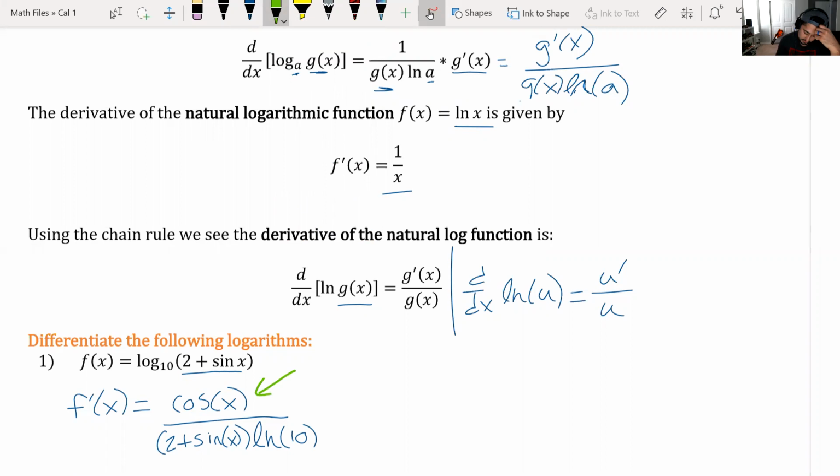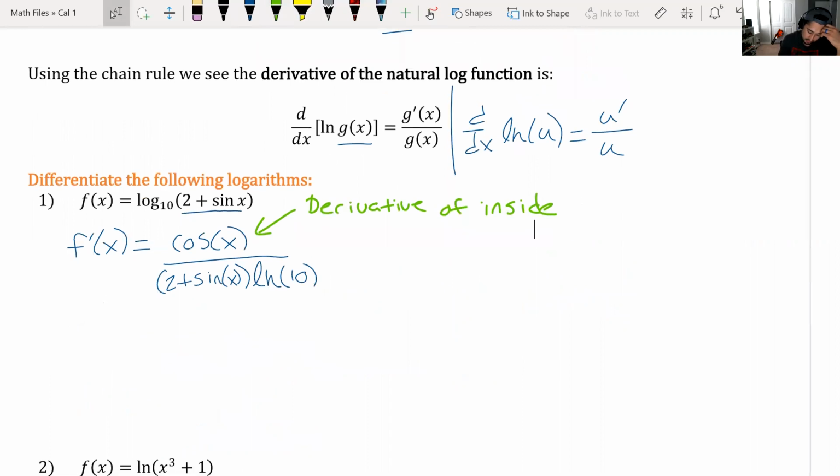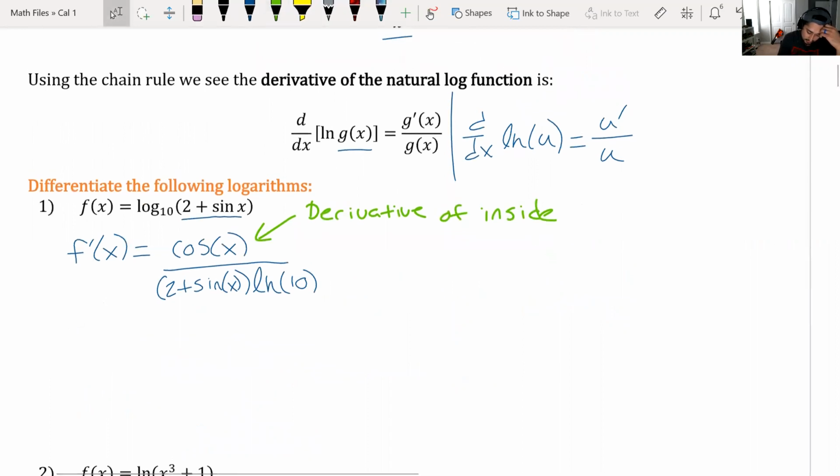This is the derivative of the inside. And then this part is the inside function.